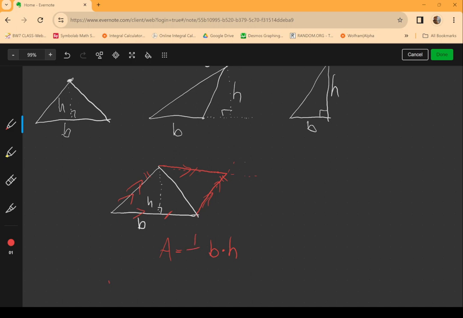So in fact, the area for any triangle, and we can do it with any one of these, will follow the same logic and lead us to the same formula, right? So the area of any triangle would be 1/2 base times height. So that is the area formula for any triangle.